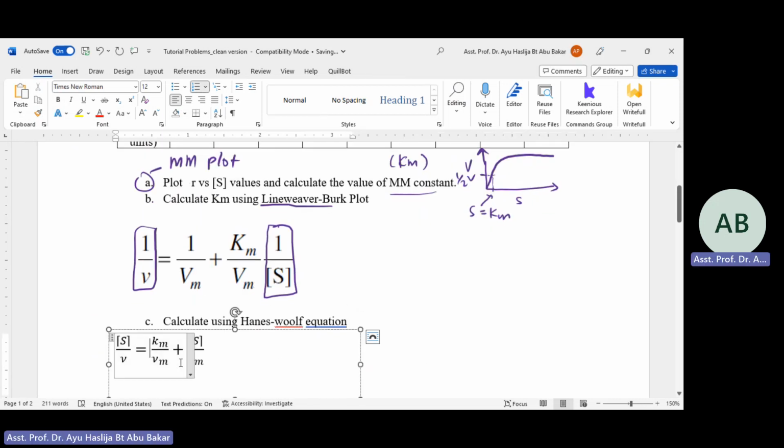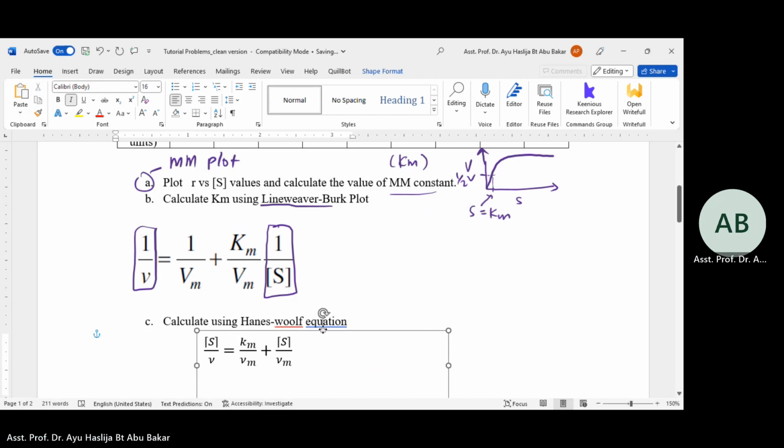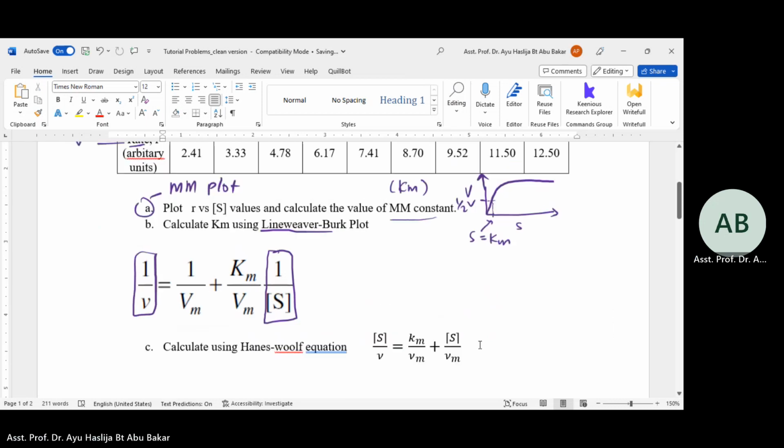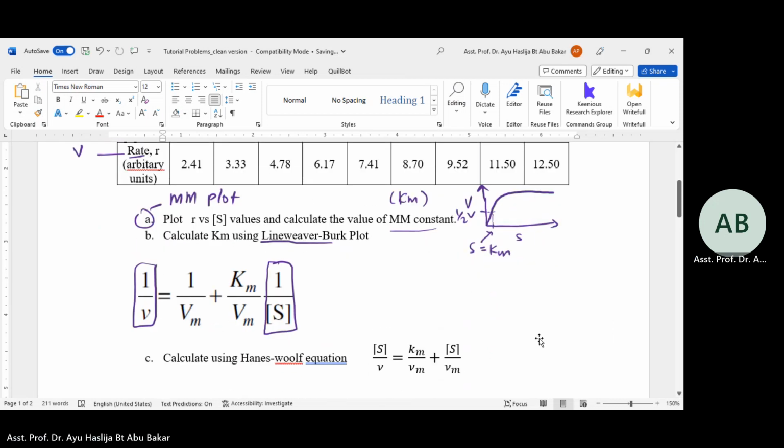So you should use this equation for the Hanes-Woolf C. Plot a linear line as well, but between S over V versus S. This is your Y, this is your X. The line we plotted just now, this is your Y, 1 over V, and 1 over S is your X.